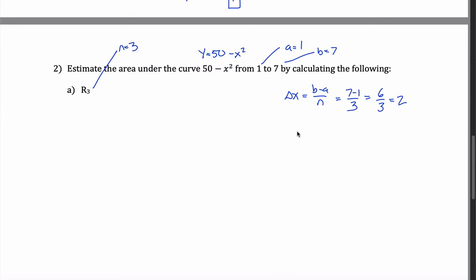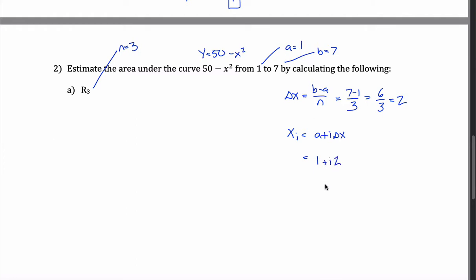Now that we know delta x, we just need to know what each of the different xi's are equal to. And you can just enumerate them individually, like x0 equals, x1 equals. But I think it's easier to come up with a formula for xi and then just change the i's into the numbers that you need. So the formula for xi is always a plus i delta x. And so now that we figured out delta x is 2, our formula for xi would be 1, because a is 1, plus i times 2.